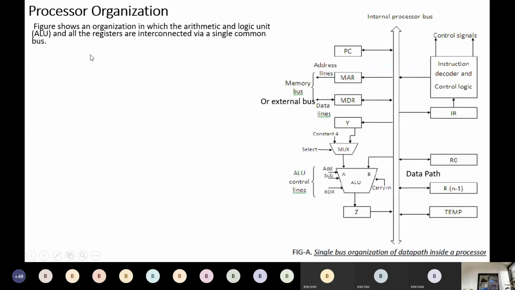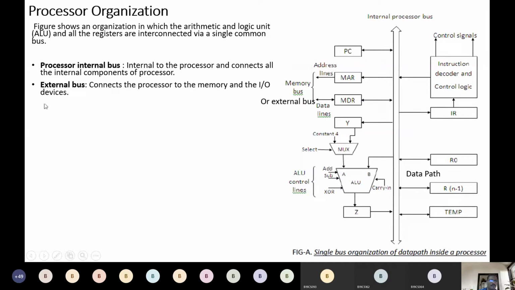This figure shows the ALU and all the registers interconnected by a single common bus. This is the common bus, and the ALU and all the registers are connected. This is the processor internal bus, the one in the middle, the straight bidirectional arrow, a communicating interface for all the components. And also the external bus. The external bus is the one where you can see a connection from here to main memory.